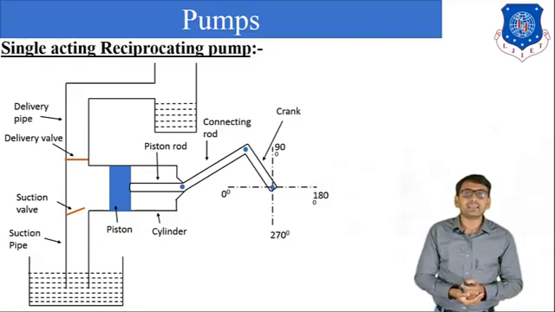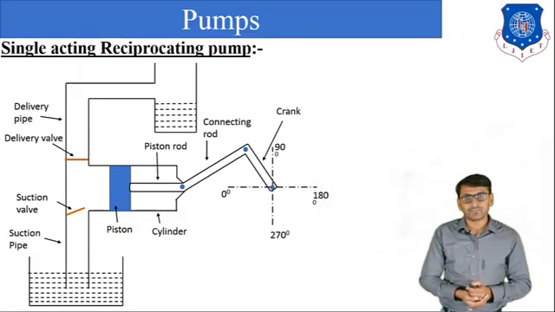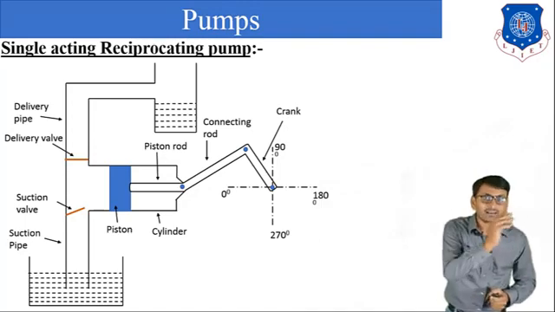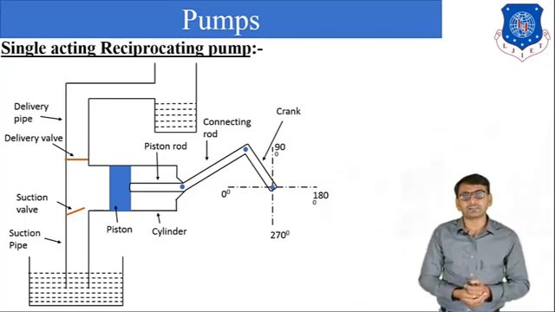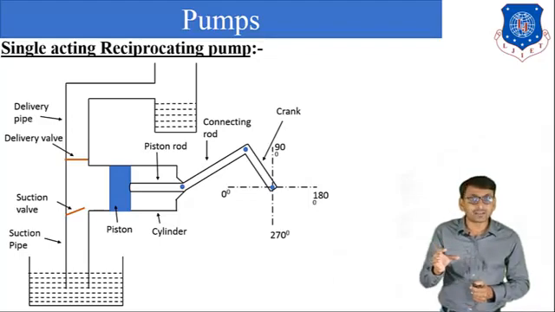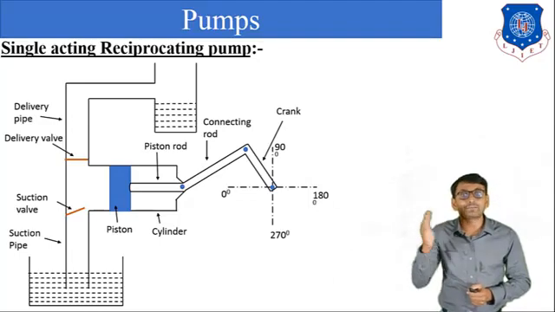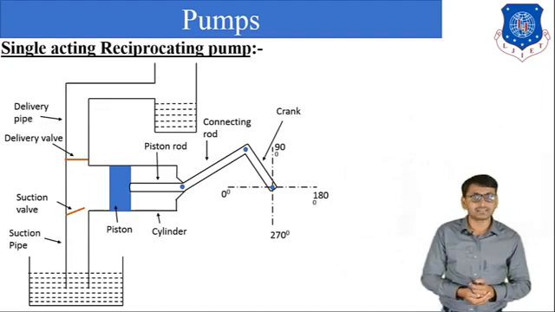the cylinder by suction pipe. So during forward stroke, the piston moves to the right side in the cylinder, and due to movement of piston a pressure difference is created at the left side of the piston in the cylinder.